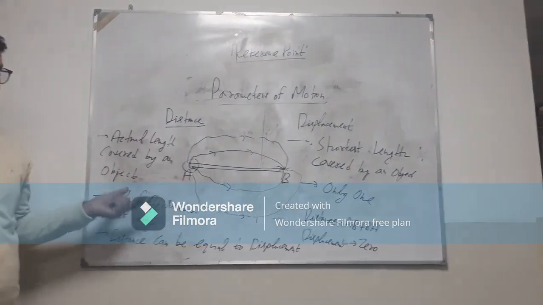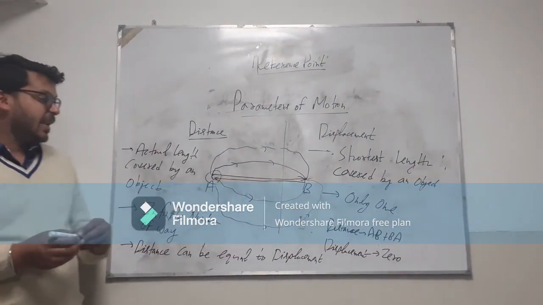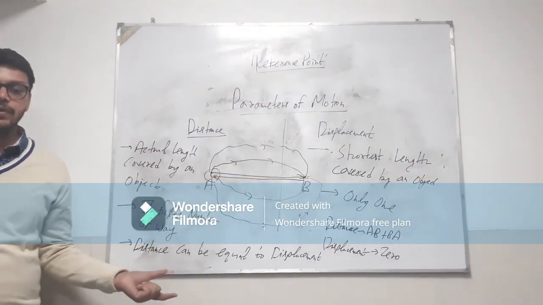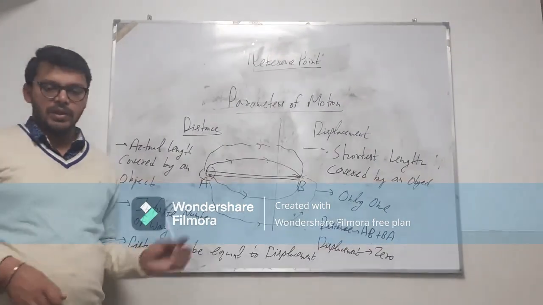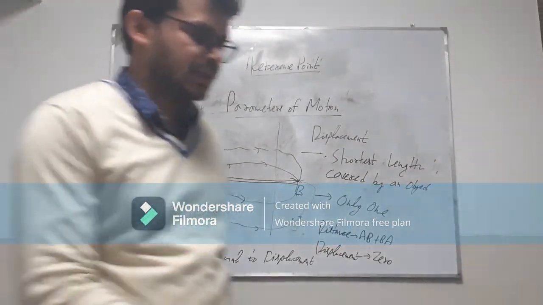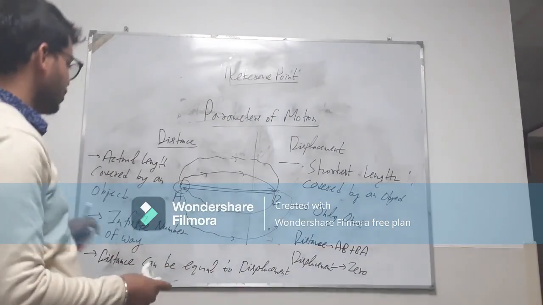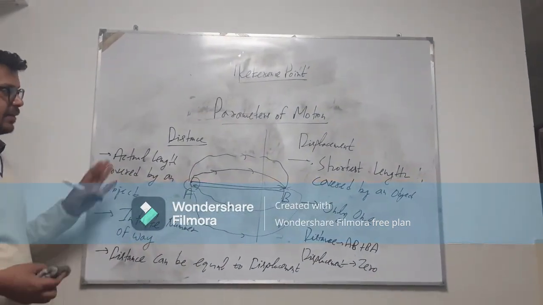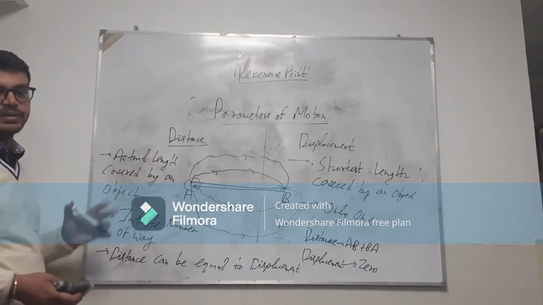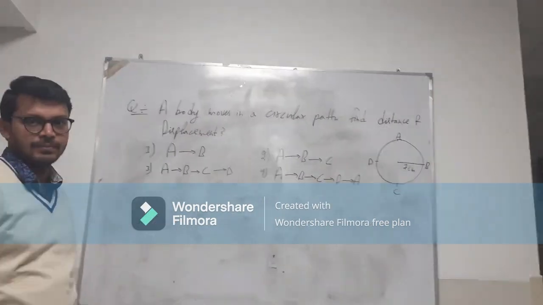You can say distance can never be 0, but displacement can be 0. Now we will discuss one numerical. From that numerical you will understand better the difference between distance and displacement.